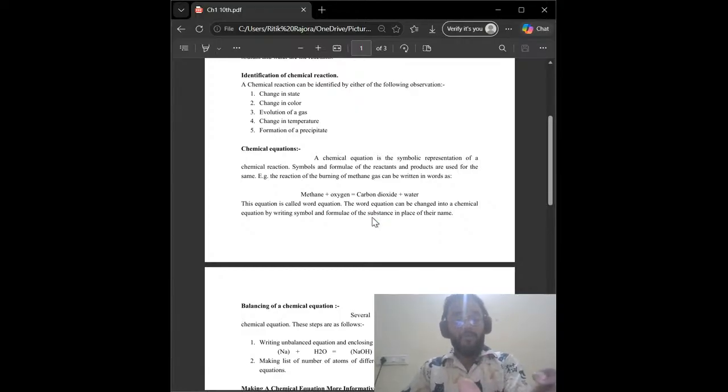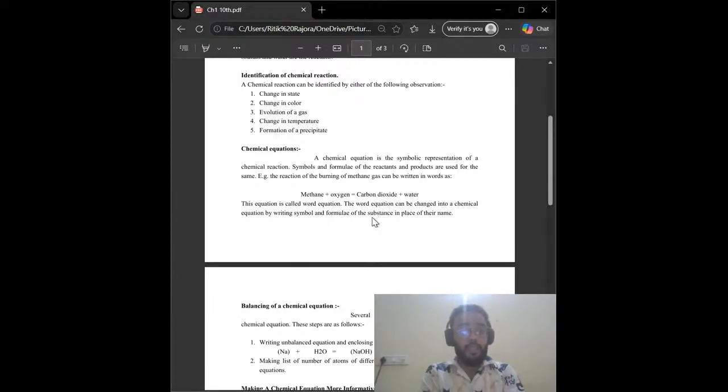A chemical equation is a symbolic representation of a chemical reaction. Symbols and formulas of the reactants and products are used for the same.